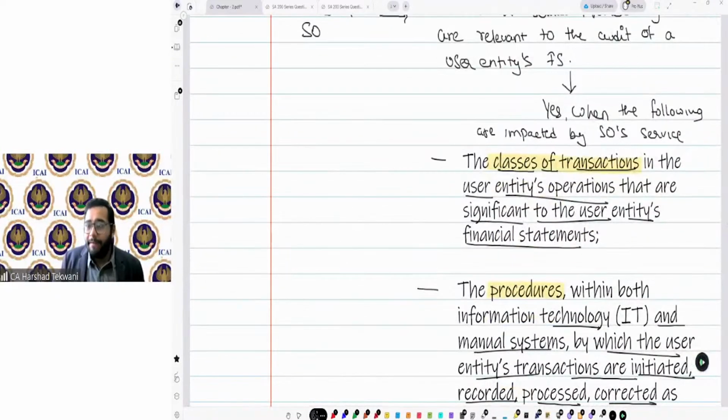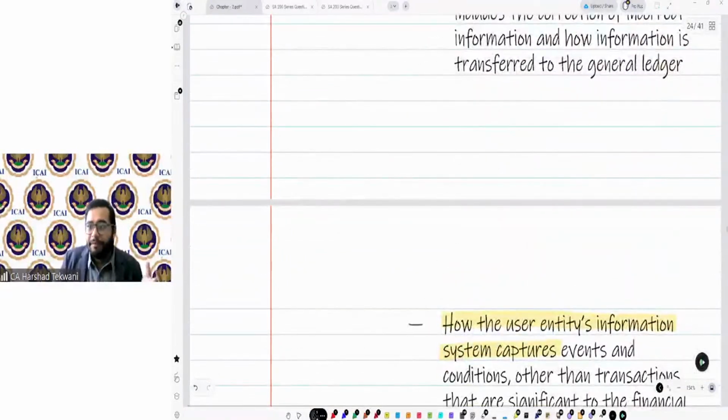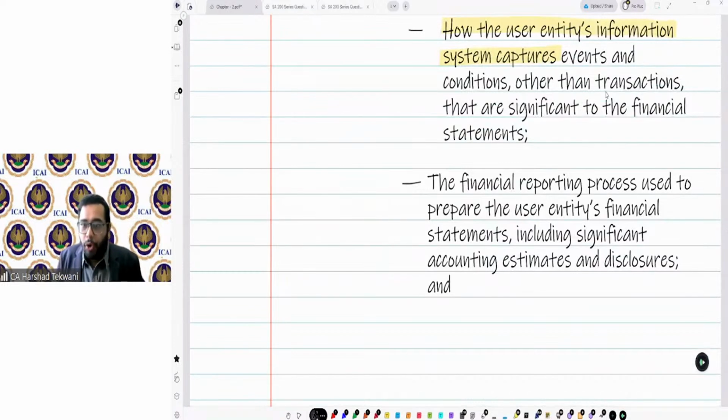Then if it is impacting the financial reporting process, in that case, yes, the services provided by the service organization are important for me. If the financial reporting process is being impacted, I need to look into that. And the last one is if it is impacting controls around the journal entries area.